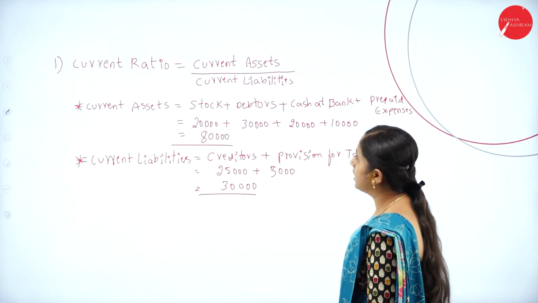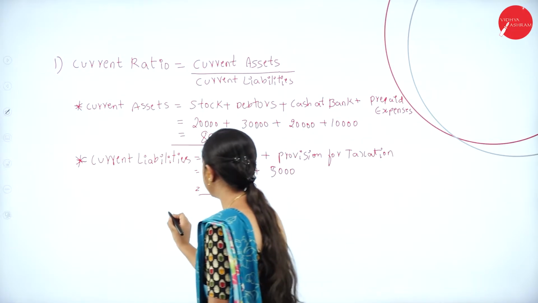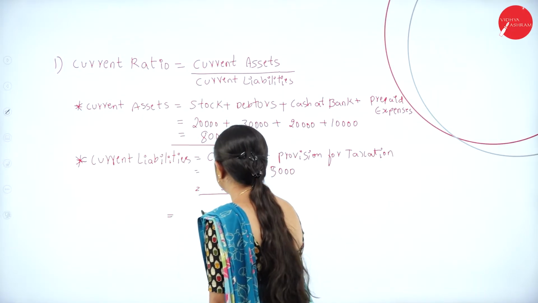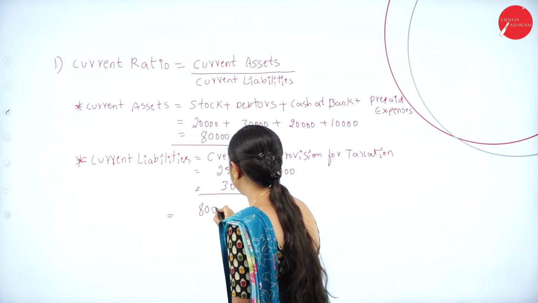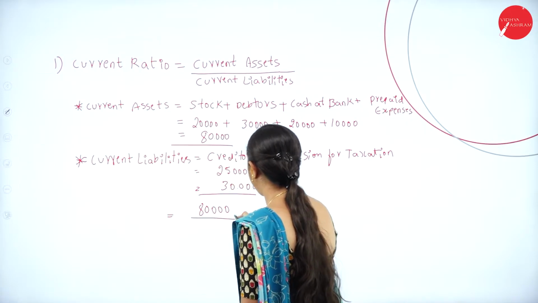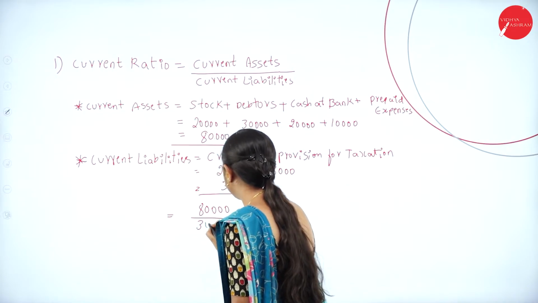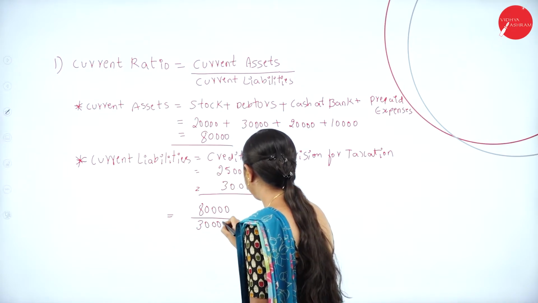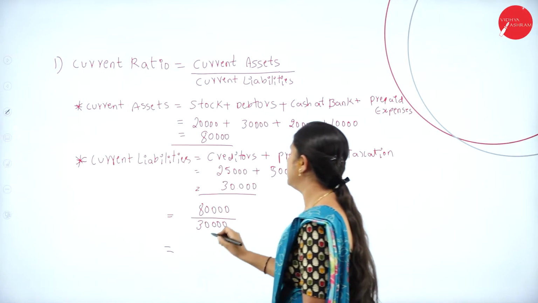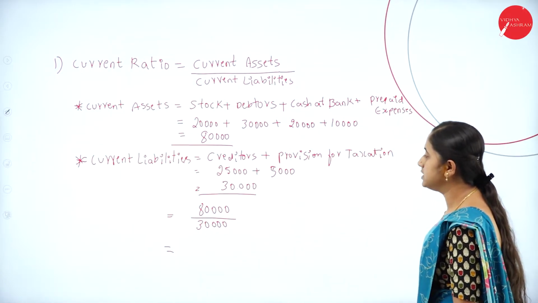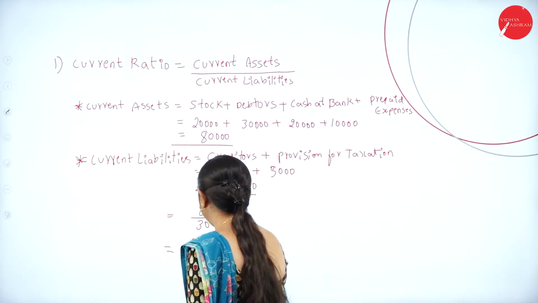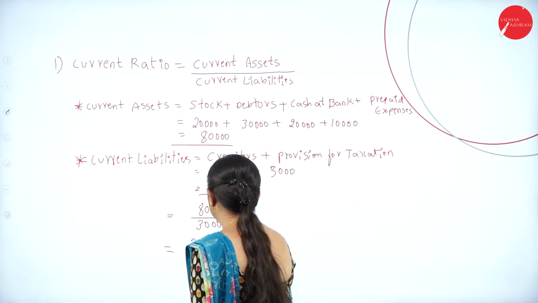Let's calculate current ratio. Current ratio is equal to current assets, that is 80,000, divided by current liability, that is 30,000. 80,000 divided by 30,000 is equal to 2.67.